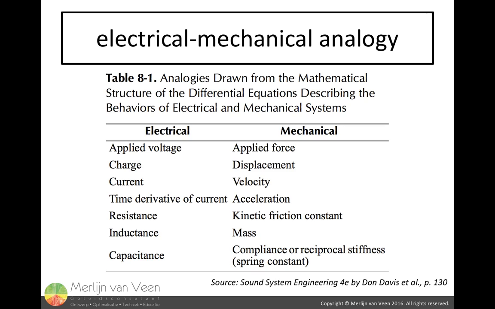Displacement can be expressed as charge, velocity as current, acceleration as the time derivative of current, kinetic friction constant as resistance, and mass as inductance, and finally compliance or reciprocal stiffness as capacitance. Hence the reason that we will look at a spring to understand the properties of a capacitor.